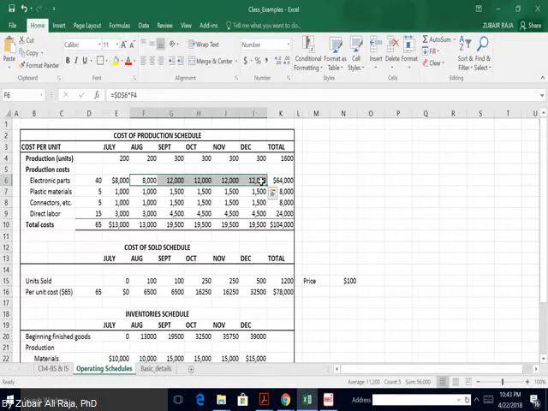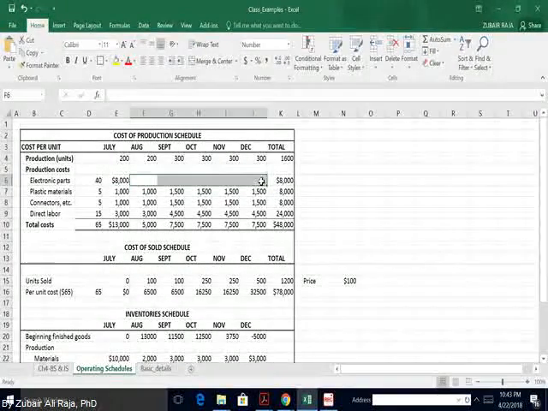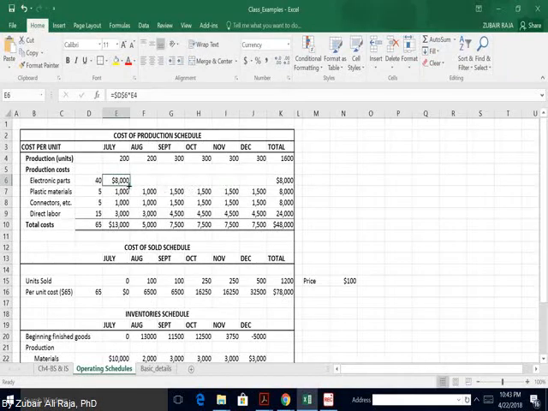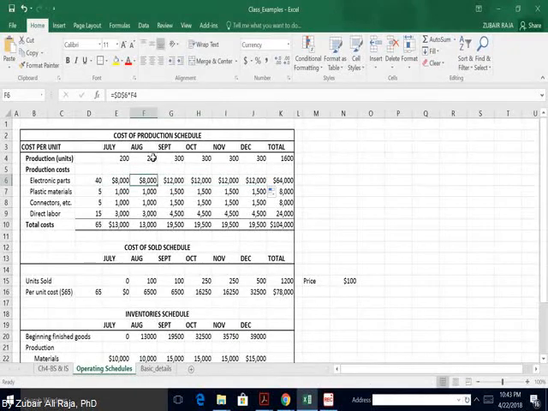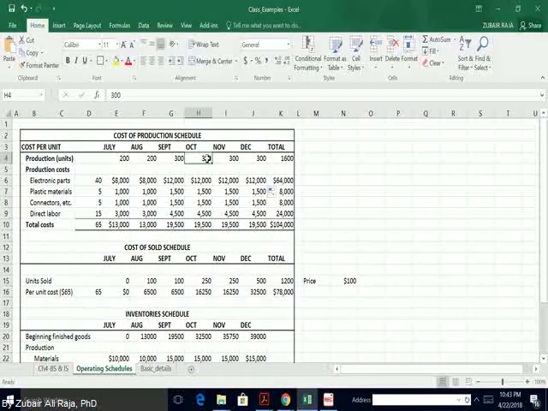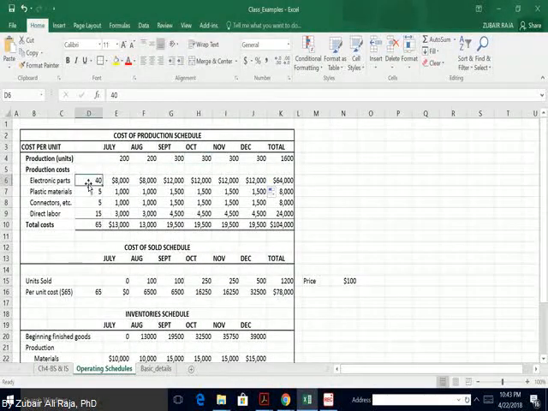So for example, there was nothing written over here. Now I simply copy this, and once I drag this formula over here, automatically this 200 will multiply with this cell only. This 300 will multiply with this cell again. Then October 300 will also be multiplied with this 40.